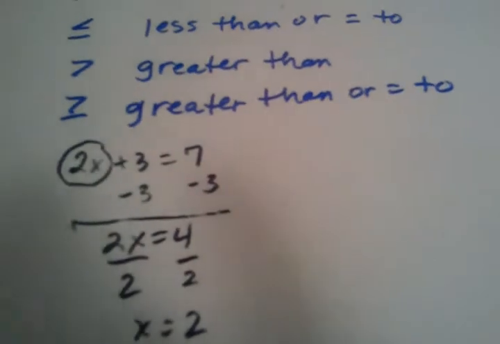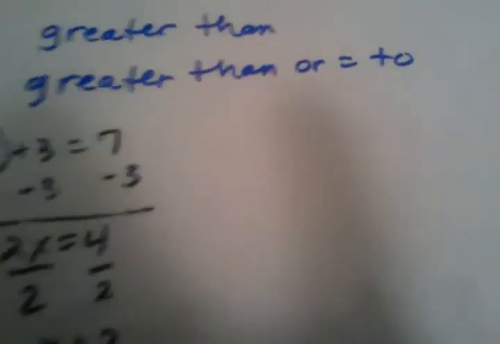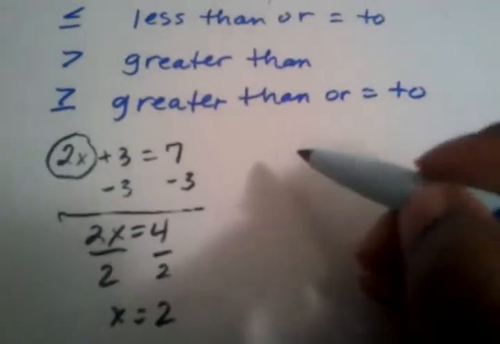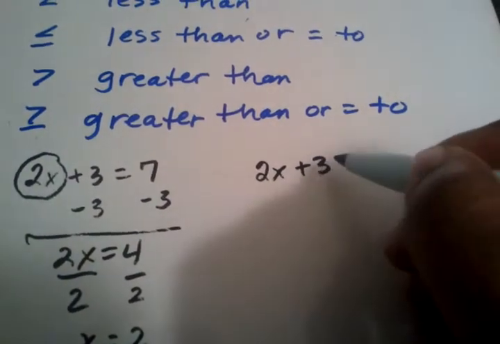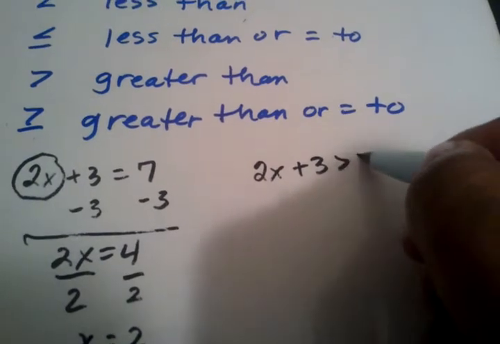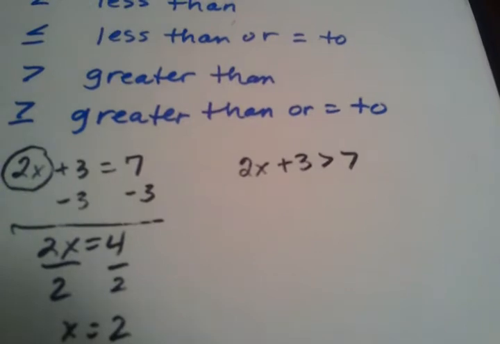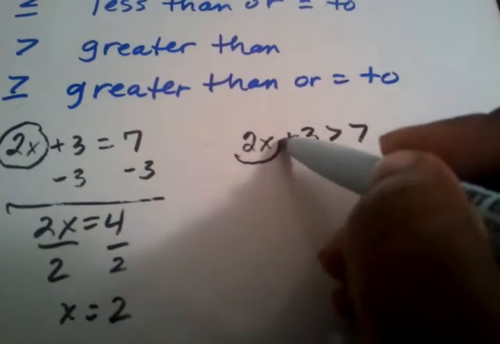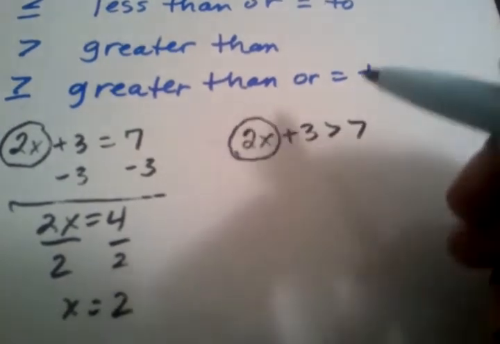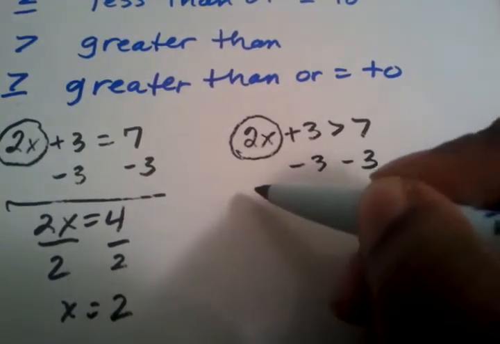Let's take this same equation and make it an inequality. So we're going to do 2x plus 3 is greater than 7. In this one, you still identify what your variable term is. And then you subtract 3 from both sides.